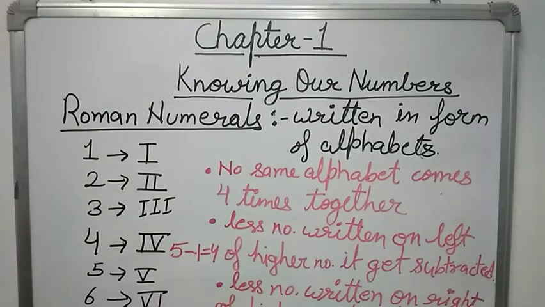You can see in 6 also we are using V and I, but this time I is written on the right side of V. So this is 5 plus 1 and it becomes 6.